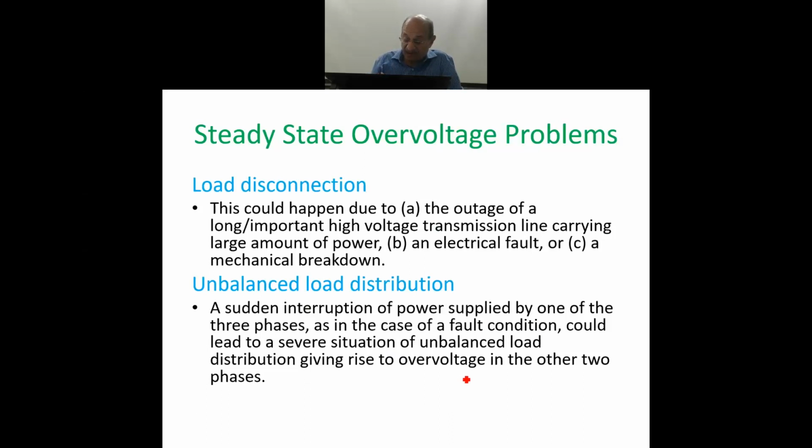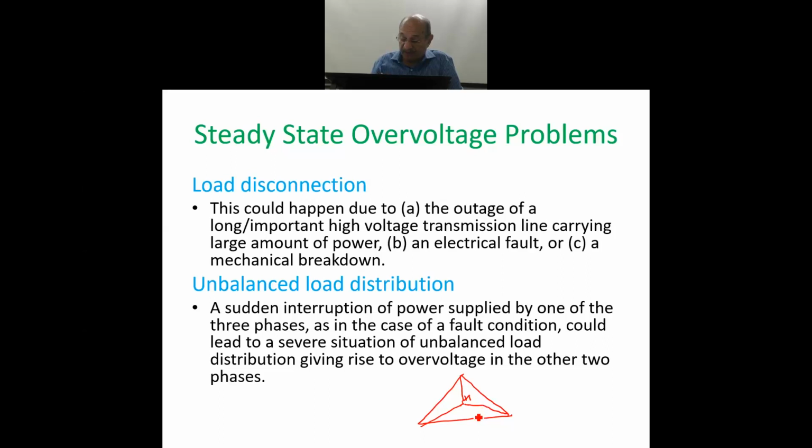I'll draw this here for you. If we take this here, and let's say this is the center point, this should be an equilateral triangle, center point of the equilateral triangle, and this is your neutral. So voltages are equal when all the voltages are equal.